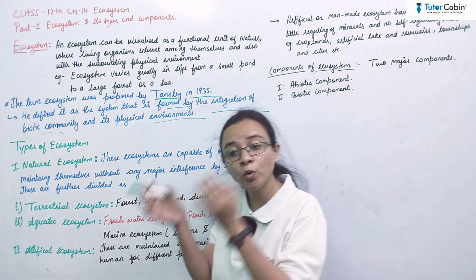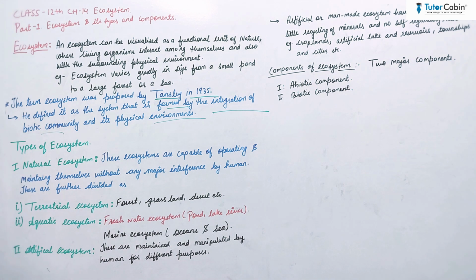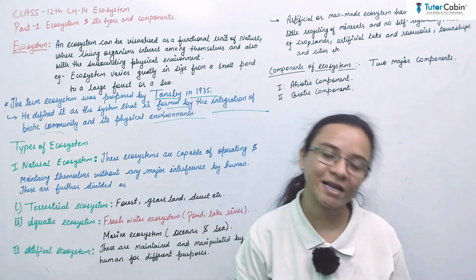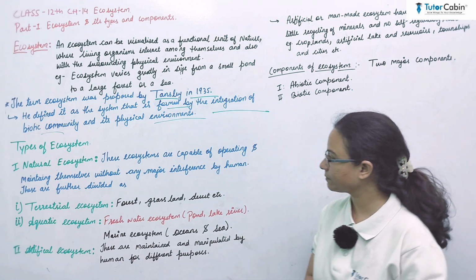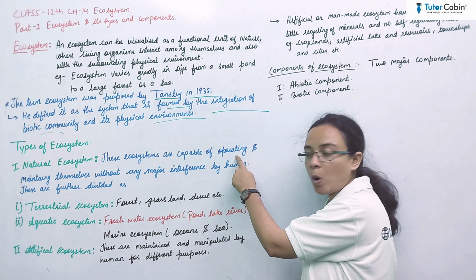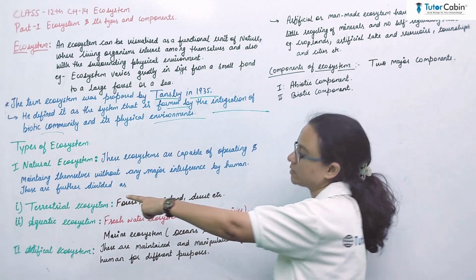Nature decides who is present and what things are present in the ecosystem. So it is totally nature's ecosystem. It is known as a natural ecosystem because it is made by nature. Clear? So that's why nature is able to operate as well as maintain this ecosystem.